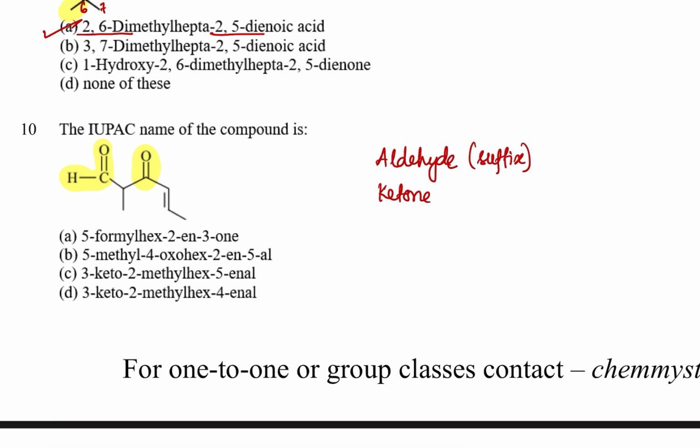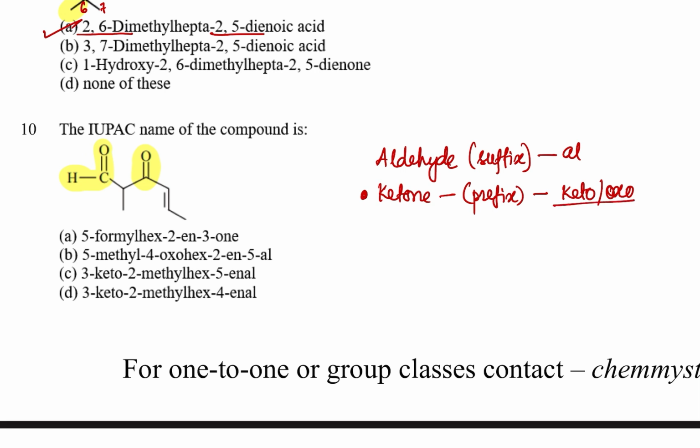Aldehyde in the form of suffix is written as al. Ketone will be written in the form of prefix. Ketone in the prefix is written as either keto or oxo. Anyone. Because ketone is lower in the priority series than aldehyde, we'll use either keto or oxo.